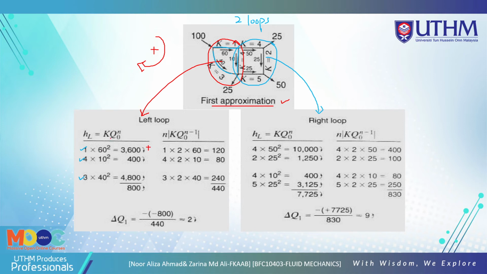So you just multiply K by the flow. K1 is 1 times 60, so you get 60 squared because N is given as 2.